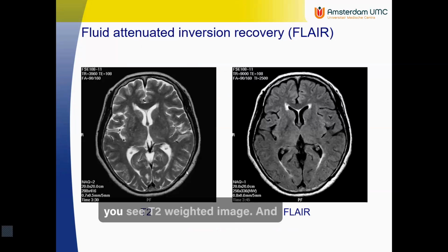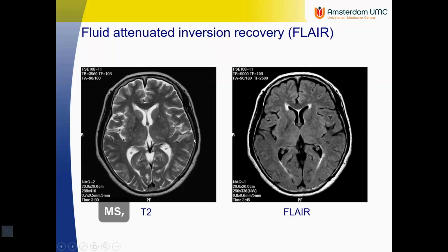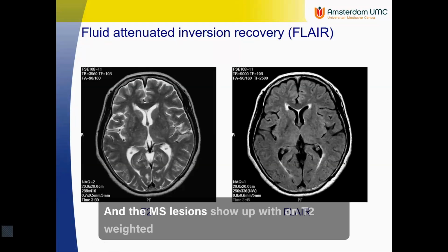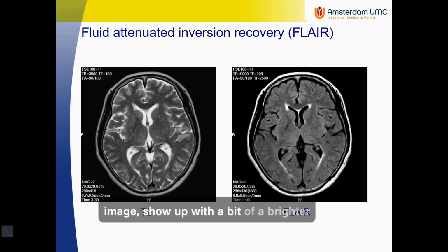On the left hand side, you see the T2 weighted image. This image is from a patient with MS, and the MS lesions show up on a T2 weighted image with a bit of a brighter signal. In early MS, the lesions tend to start very close to the ventricles, so very close to the highest bright signal.